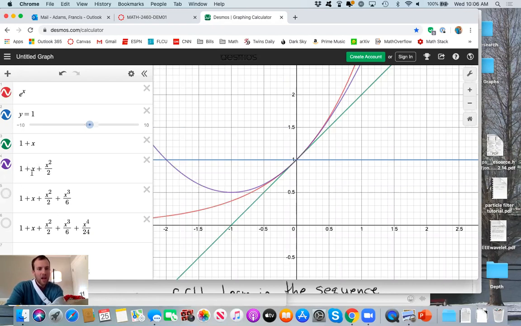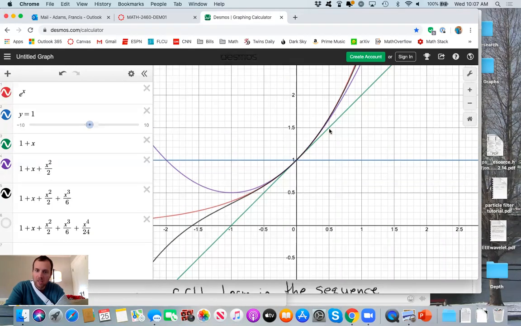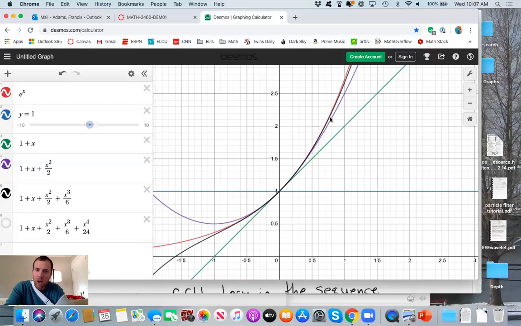And then we have these other functions which have the same beginning, but we keep adding on more terms. So this cubic, this black cubic line, especially out here, is even closer to the red line than our purple parabola was. And on this side, the red line is almost being covered up by the black cubic line.